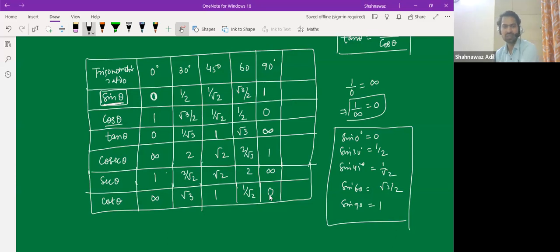I didn't do the derivation because that is not important. In derivation, you'll have to choose some triangles and calculate the hypotenuse and perpendicular, and then you can find the ratios. That is not from the examination point of view. So we only need to remember these values.